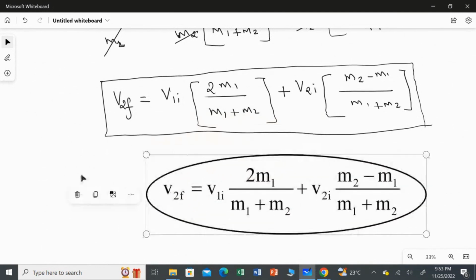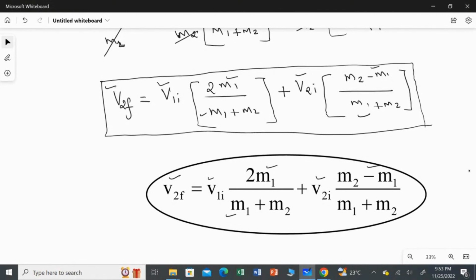Okay, let's cross check because we have to get this answer. V2 is perfect. V1 initial perfect. 2M1 perfect. In the denominator we have M1 plus M2 perfect. V2I perfect. In the numerator we have M2 minus M1. Here also we have the same. In the denominator we have M1 plus M2, here also the same. That means our derivation is very perfect.